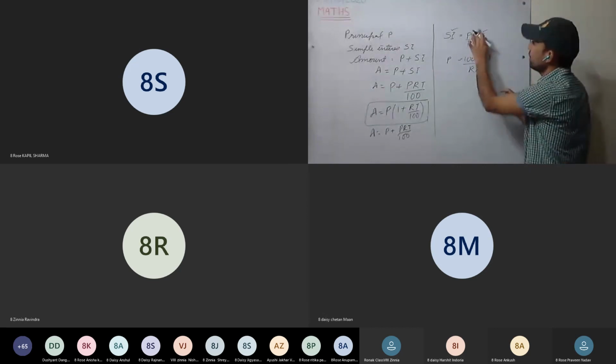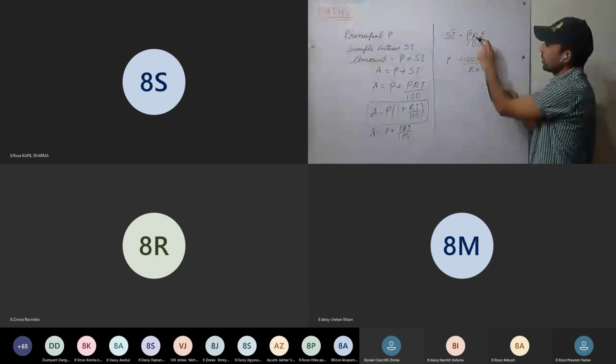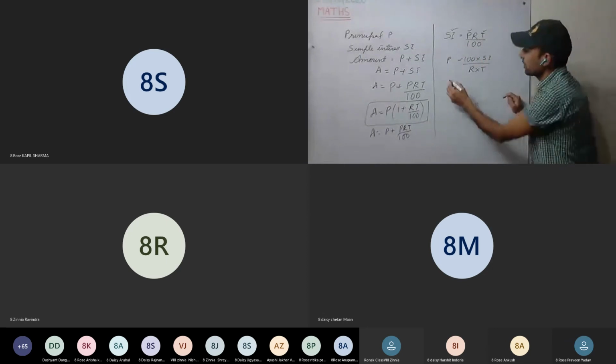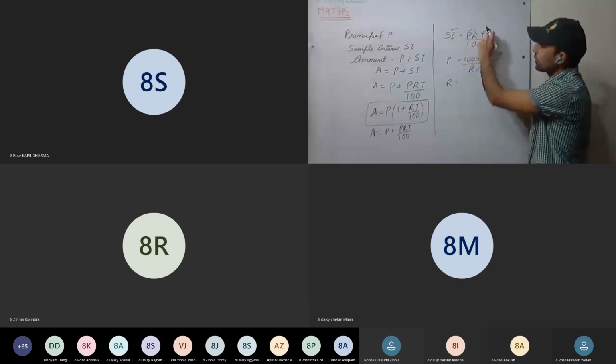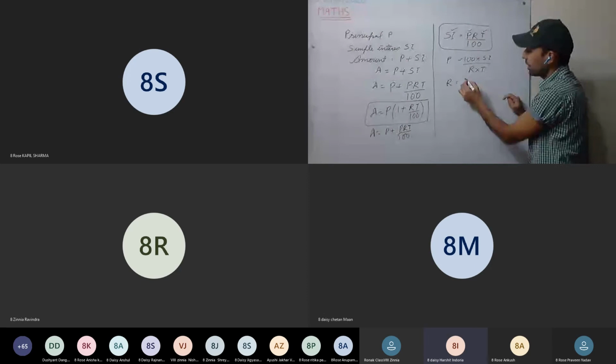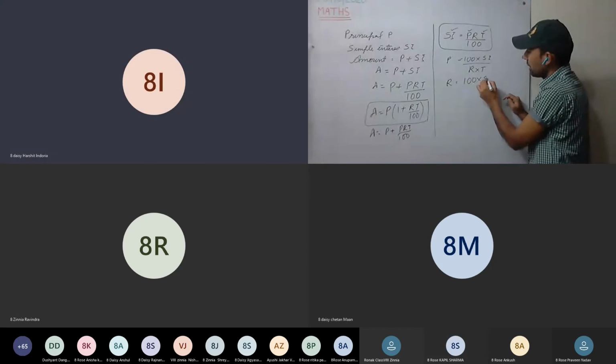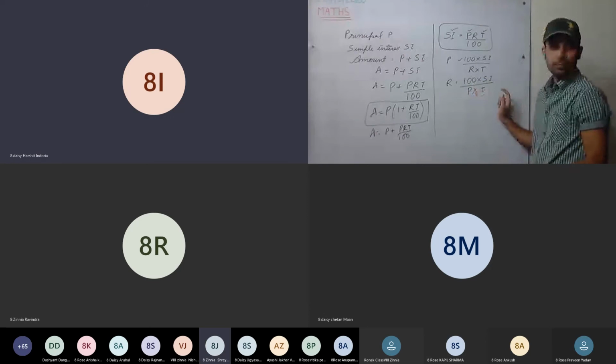Now, for example, principal is also given, but rate is not given. How to calculate R? Similarly you can calculate using this formula only: R equals 100 into simple interest divided by principal into time.